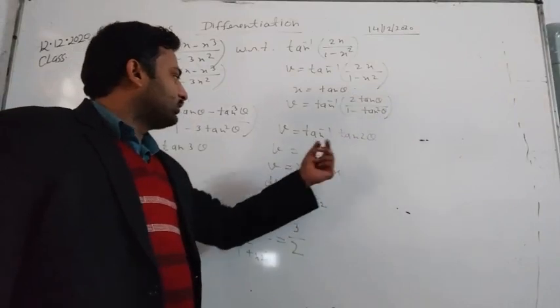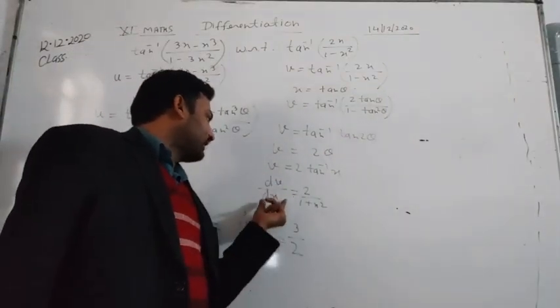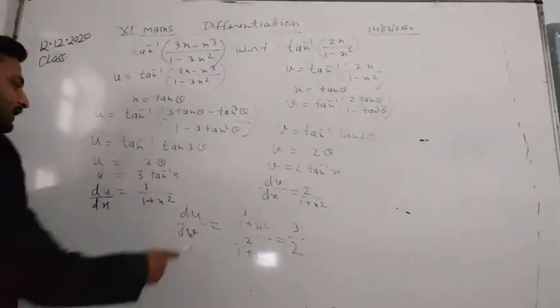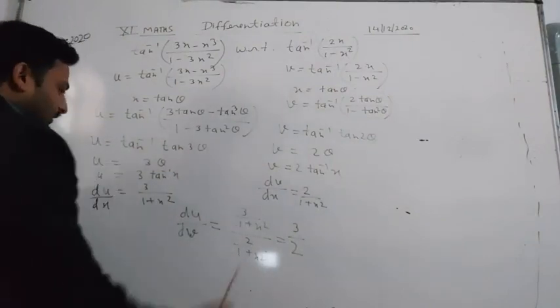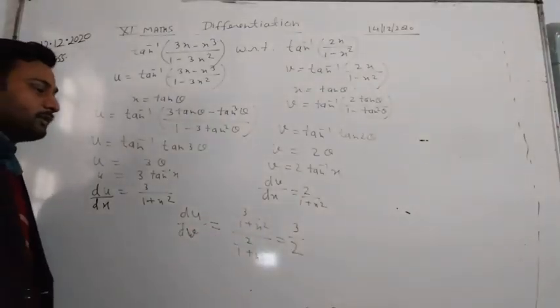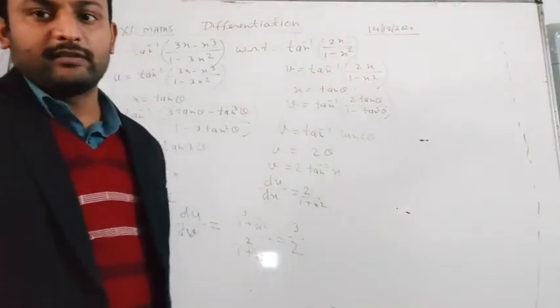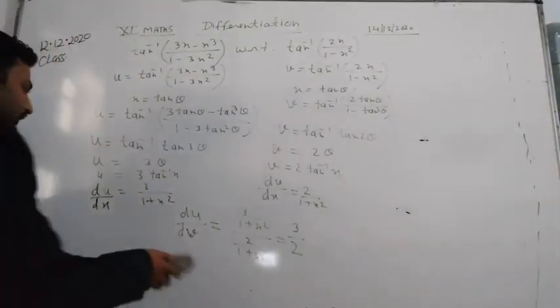So v is 2 theta. So v is 2 tan inverse x. So dv by dx is 2 by 1 plus x square. Now du by dv is 3 by 1 plus x square by 2 by 1 plus x square, and it will reduce, we will get 3 by 2. I hope you understand, student. Okay, now we will see the next question. Let's move on to the next question.